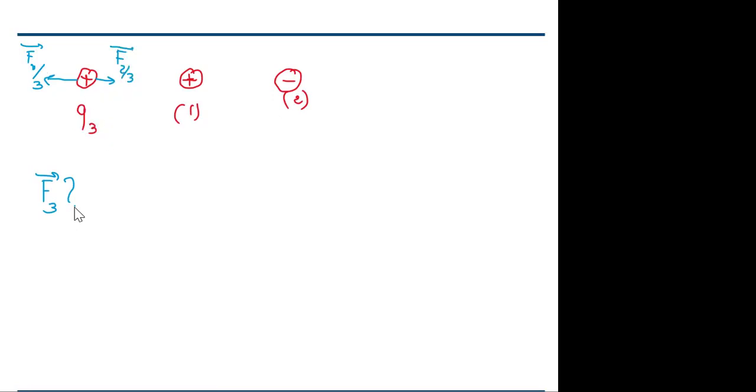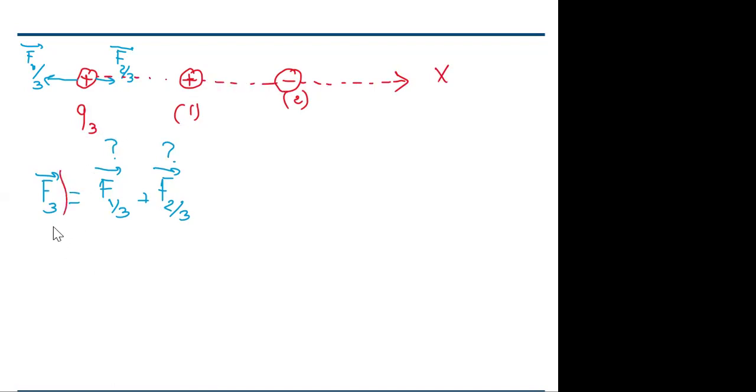What is the total force exerted on Q3? It would be the sum of F1 on 3 plus F2 on 3. So to get F3, we should calculate F1 on 3 and F2 on 3. You see here in this example that all the charges lie along the x-axis. So how many components do we have for this force? We have just one component, x.